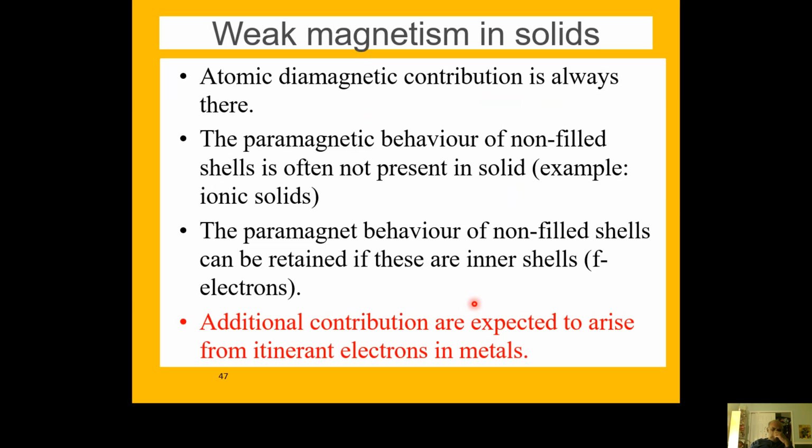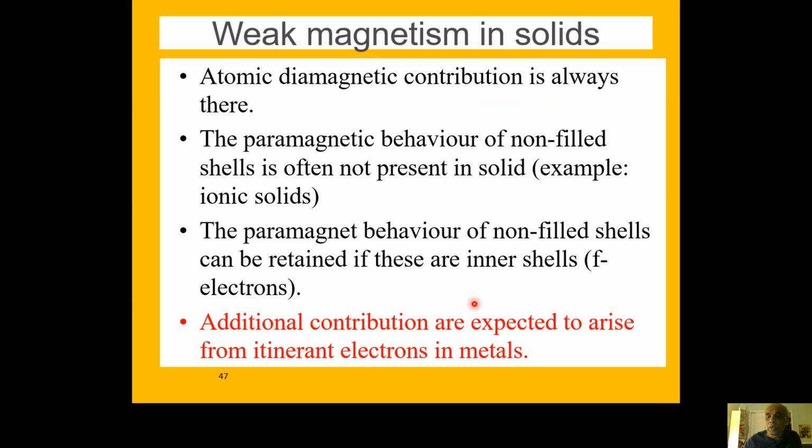Next we are going to talk about an additional contribution coming from the free electrons of the metals. So far we only talked about atomic properties, right? Either the closed shell structure giving the Larmor diamagnetism, or the Curie paramagnetism coming from ionic unpaired electrons in f electrons and things like that.